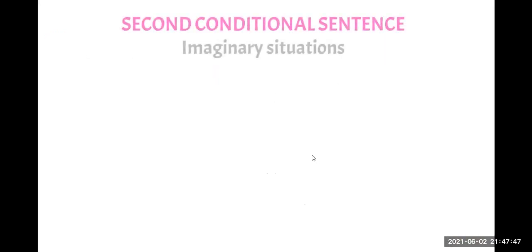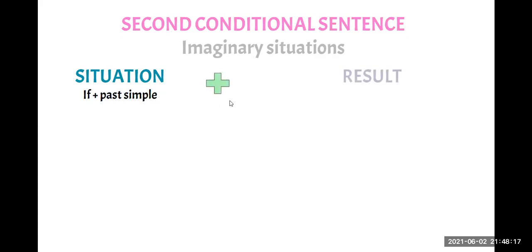I'm going to show you here the structure. This is the second conditional sentence for imaginary situations in the present or in the future. So remember, in all the conditional sentences, we have two parts. One of the parts is the situation. In the second conditional, we use if plus the simple past in the situation. And we always have a situation and a result.